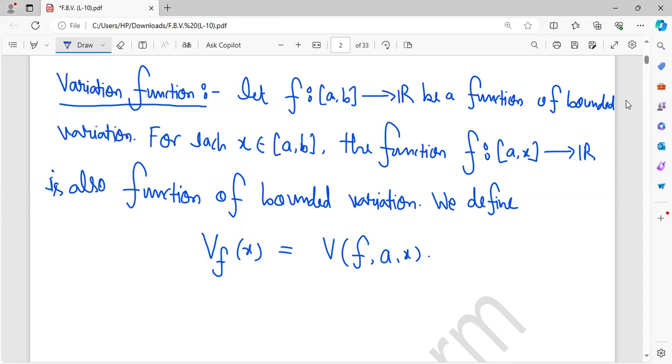Then V_f from closed interval [a, b] to R is a function.